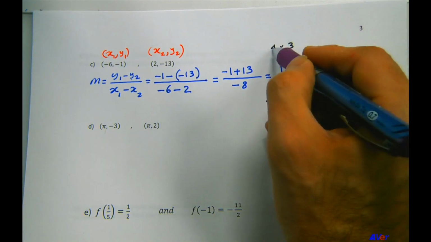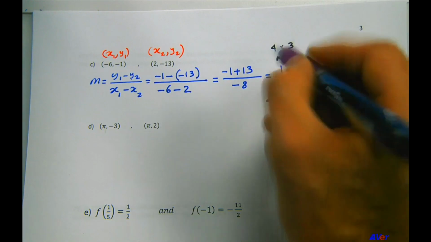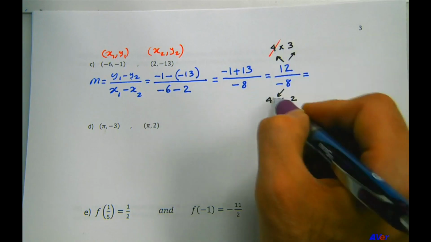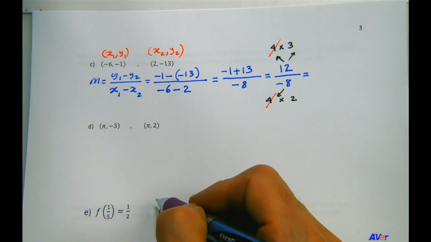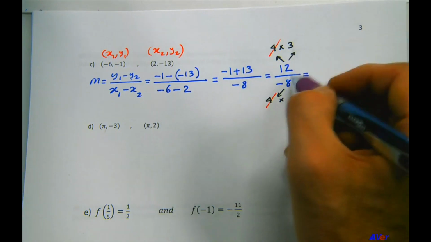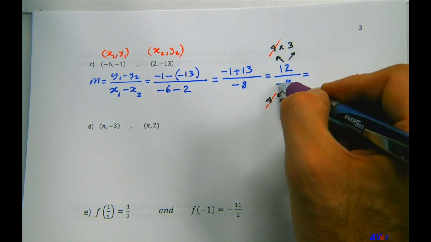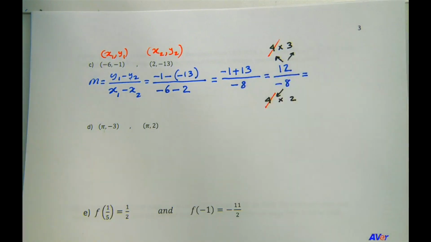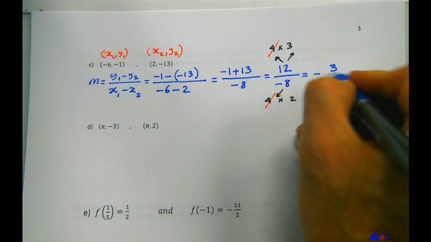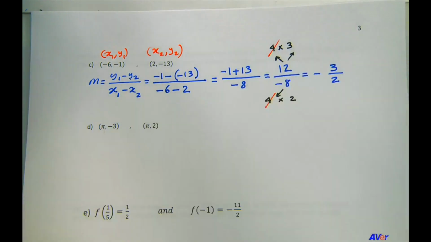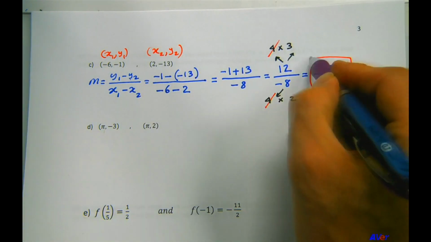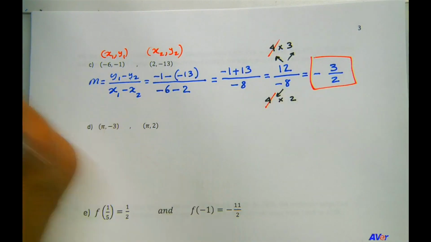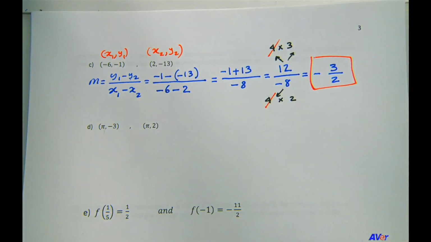So the 4 multiplied by 3, 4 multiplied by 2, because everything is being multiplied in the numerator and the denominator, so we can cancel the 4 and the 4. Okay? What do we end up with? We end up with minus 3 divided by 2. So this is a negative slope. That means the line must be sloping downhill when we read it from left to right.